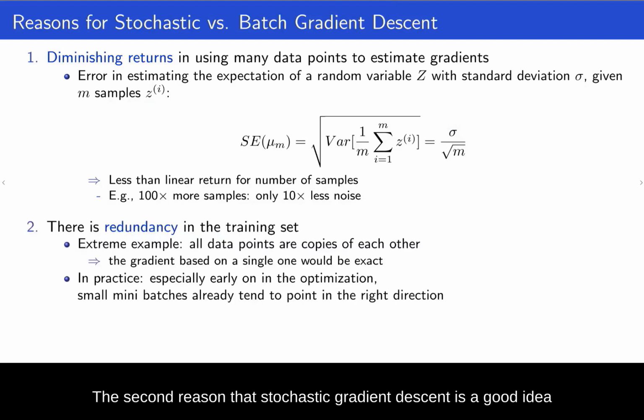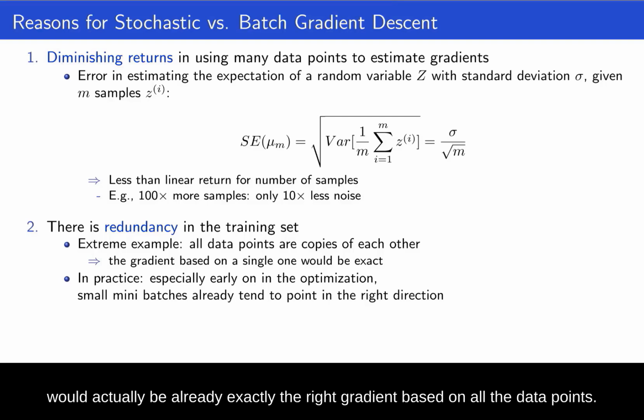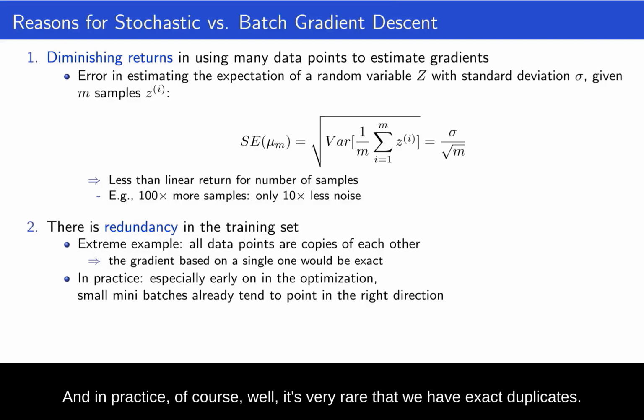The second reason that stochastic gradient descent is a good idea is that there is often redundancy in the training set. As an extreme example, think about the case where all the data points would just be copies of each other. Then the gradient based on a single data point would already be exactly the right gradient based on all the data points. In practice, of course, it's very rare that we have exact duplicates.